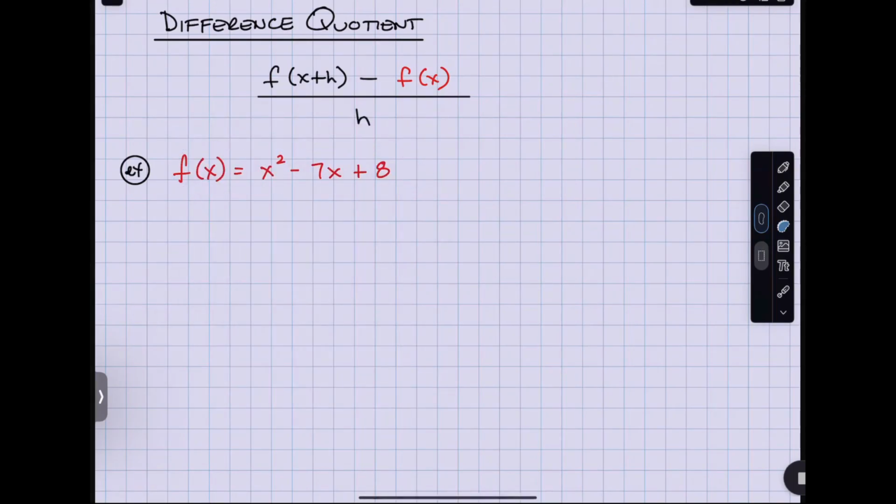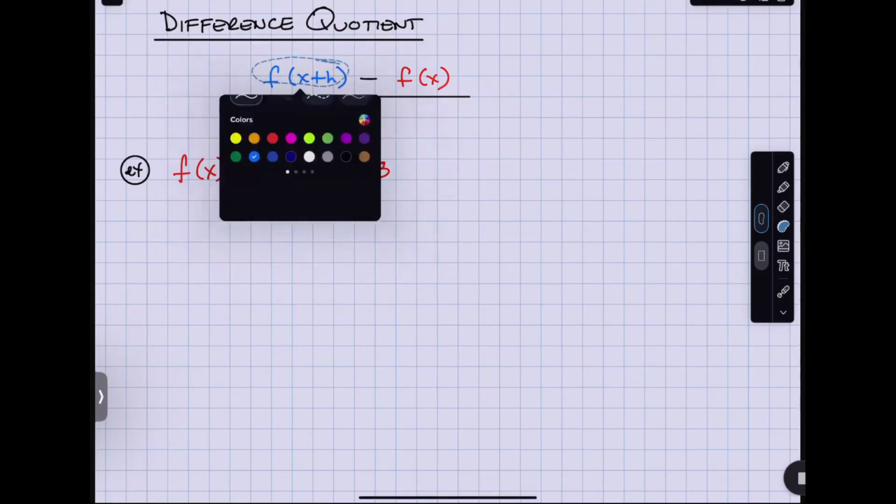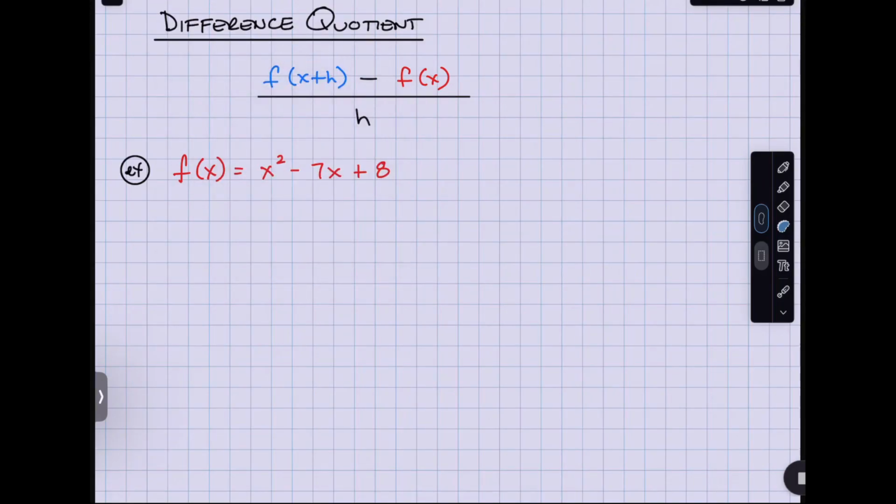Agreed? Awesome. Now, the h we do nothing about, because that's such a small little tiny number. We're not going to do anything with it. We don't care about the h. We don't care how small or how big it is. However, we do need to find that. Is that true? Right? We have f of x. We need f of x plus h.